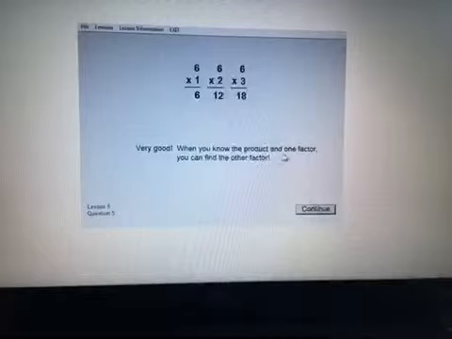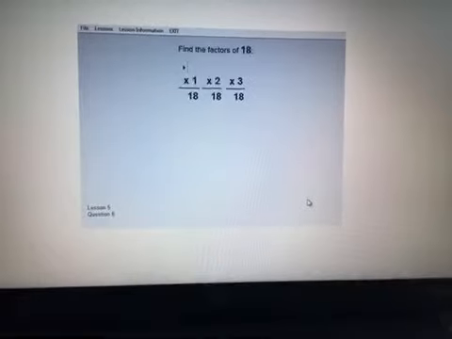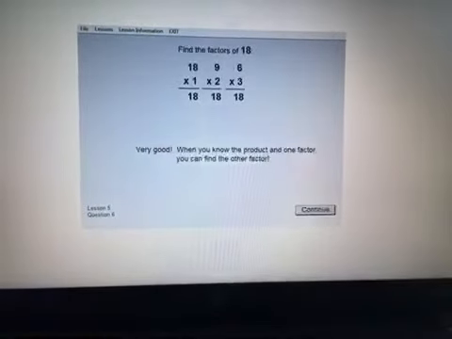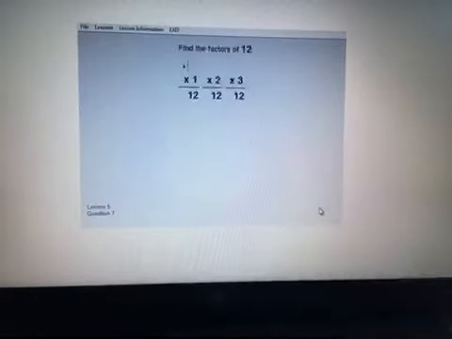You know the product, and one factor, you can find the other factor. Lots of emphasizing different forms of writing 18.